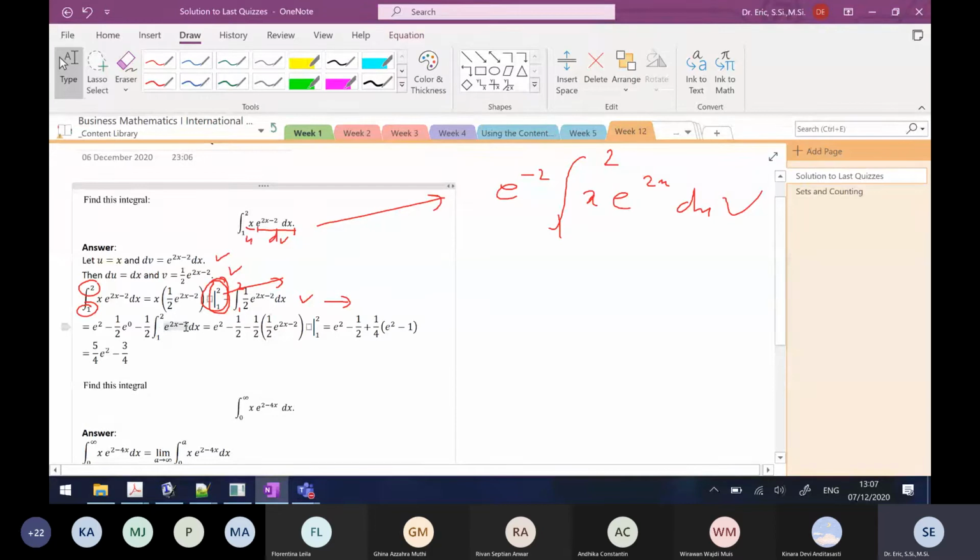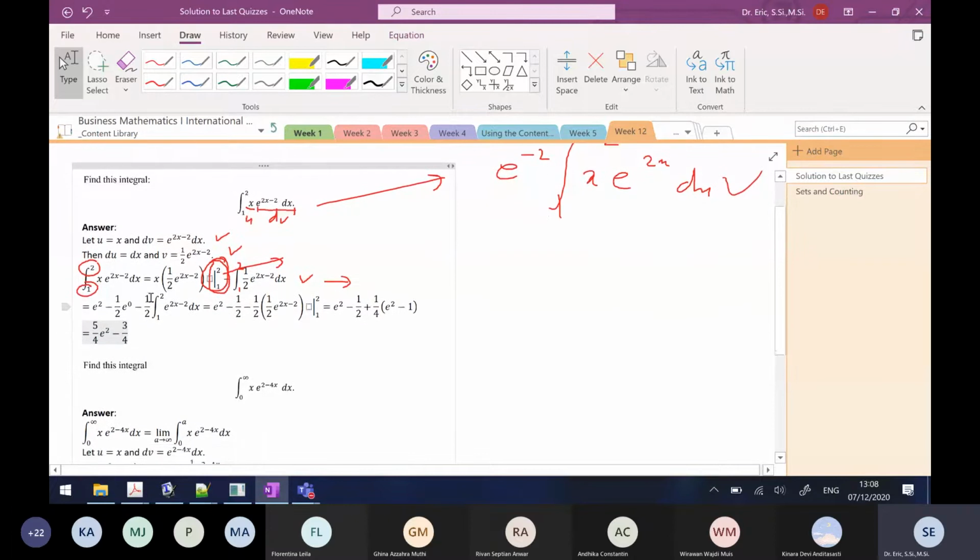Since dv is e to the power of 2x minus 2, you do not have to let u equal anything again, because you have already done this. What is v? V is the integral of this, and you already know the integral is a half e to the power of 2x minus 2. So you have this evaluated at 2 and 1, and you can substitute, and then you have your final result.